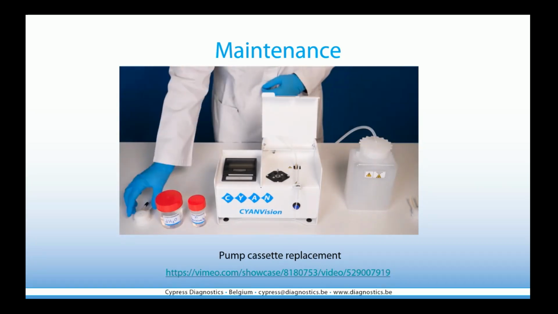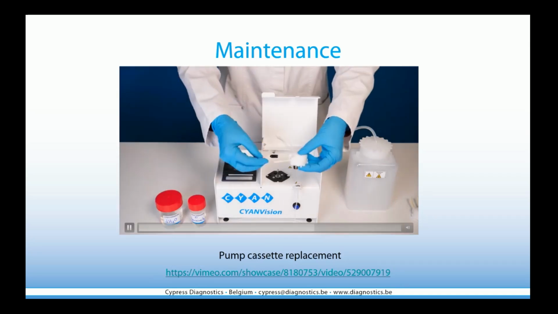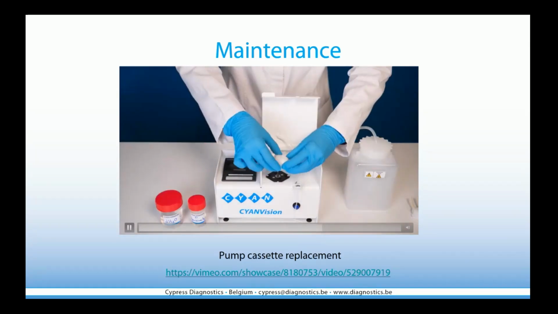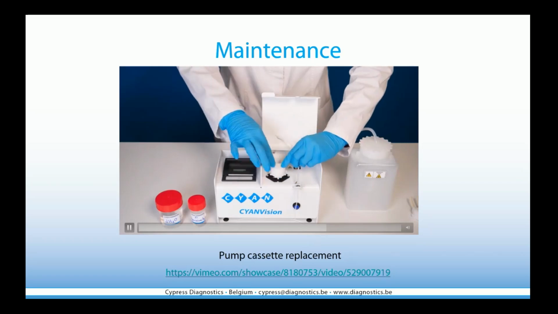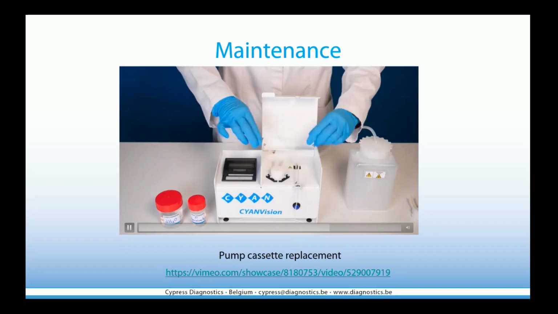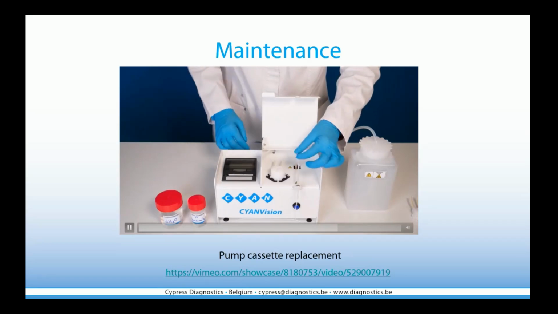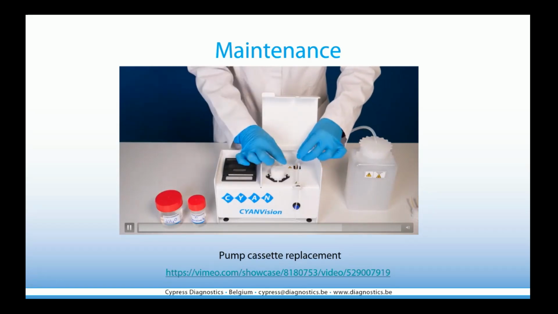Firmly click the new pump cassette onto the rotor with the tubes facing to the back of the analyzer. Reattach the connectors to the pump tube. The inlet of the pump is the tube closest to the flow cell.